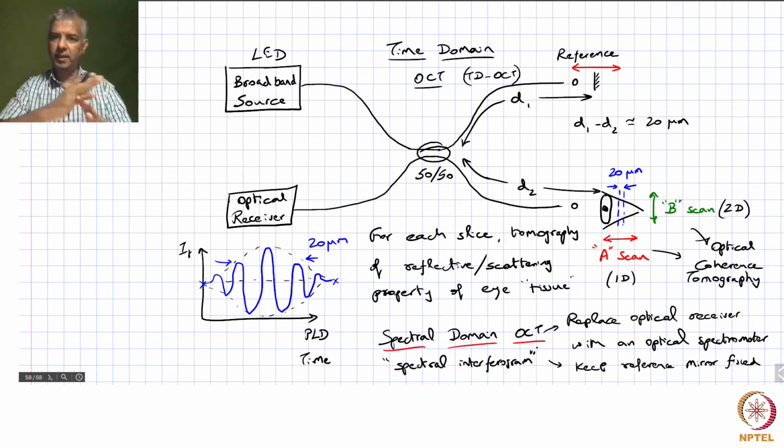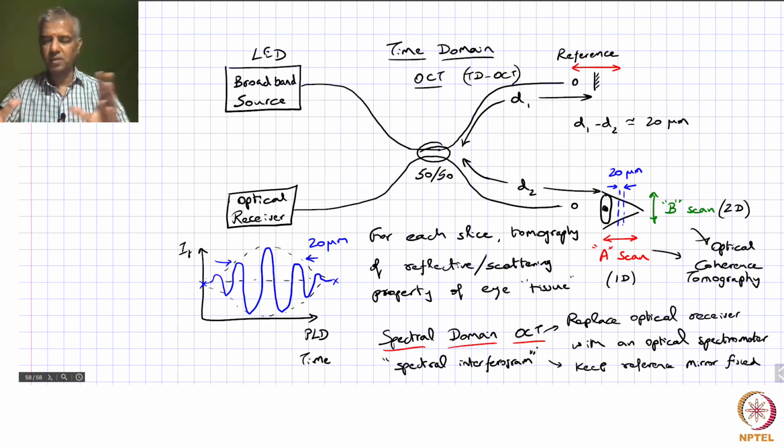And so if you have enough spectral width from your source, so you are able to get enough spectral components in your spectrometer, then you can say, okay, for this wavelength I am looking at this part of the eye, for this wavelength I am looking at this part of the eye, and so on.